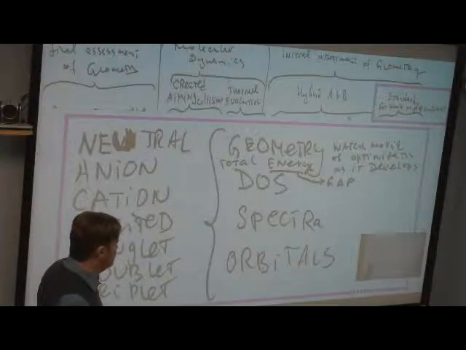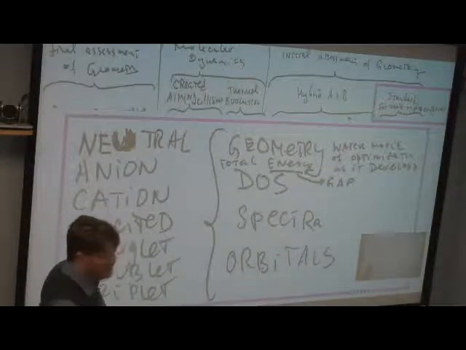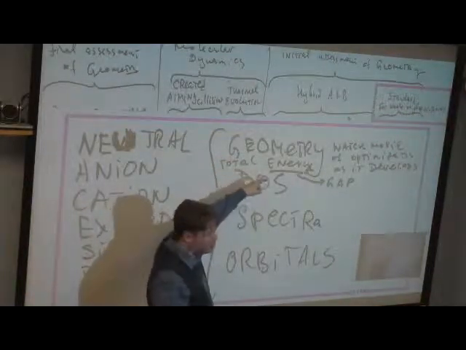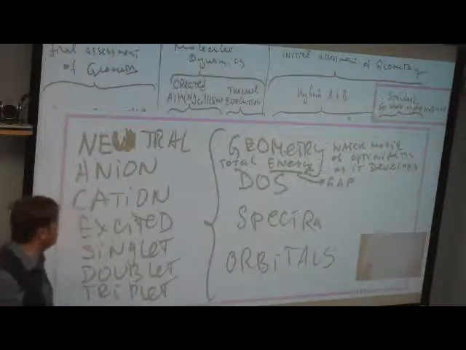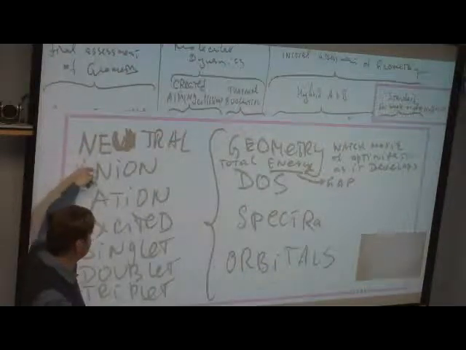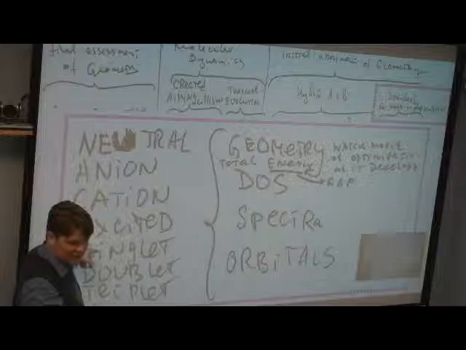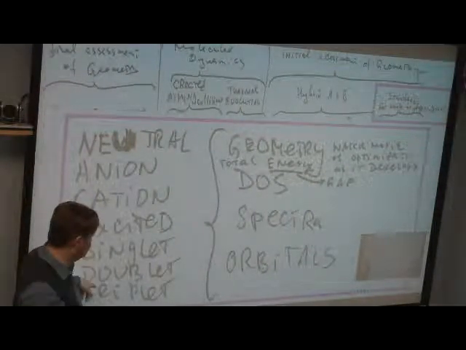Again, it is objectively hard to organize data. We all can do geometry, movies, density of states, spectra, orbitals. But those characteristics can be done for the neutral ground state, for anions, cations, for excitations, for singlets, triplets, for the magnetic modifications of electronic configuration.